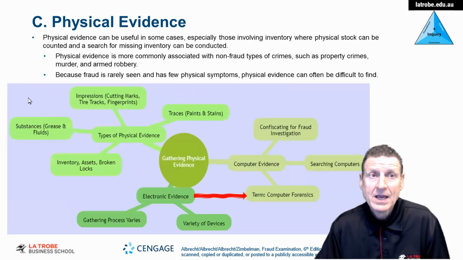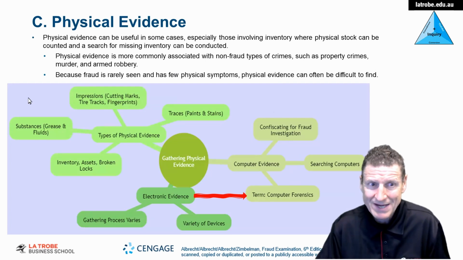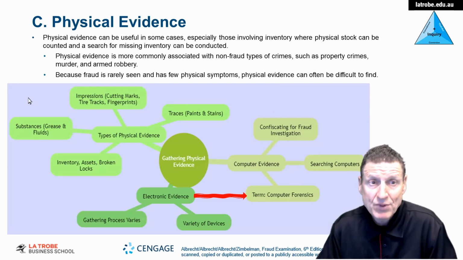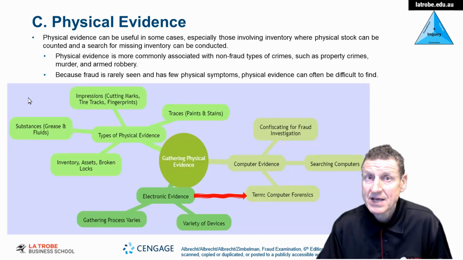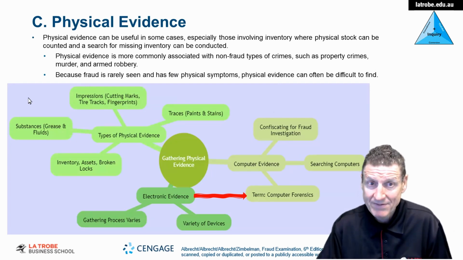Next, we have physical evidence. So first is the types of physical evidence. That's the easy part, because physical is what you see is what you get, right? Inventory, assets, broken locks, substances, grease and fluids, impressions, cutting marks, tire tracks, fingerprints, yes, traces, paints and stains. So that's the type of physical evidence.